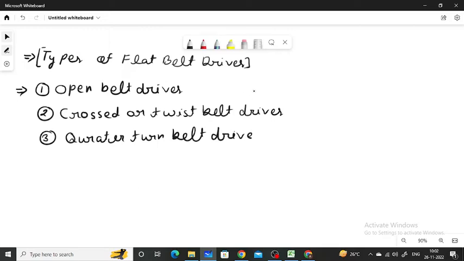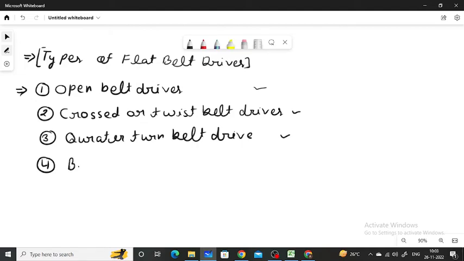In the first two types of belt drives, open and cross belt drives, the shafts are parallel to each other, but in quarter turn belt drive, shafts are perpendicular to each other.